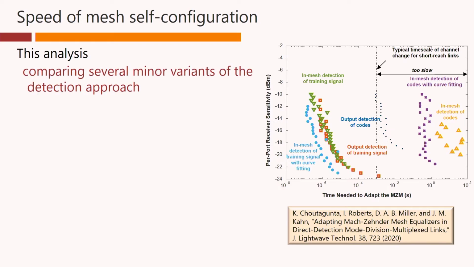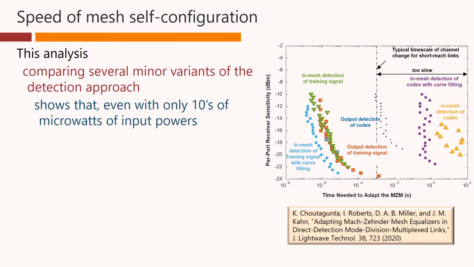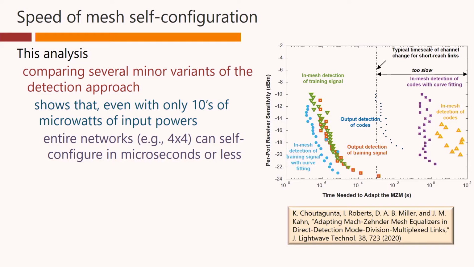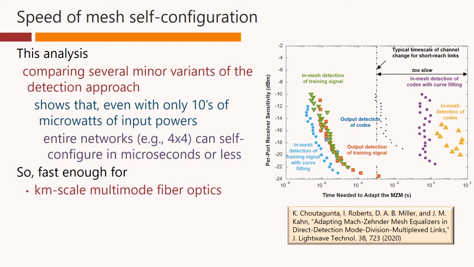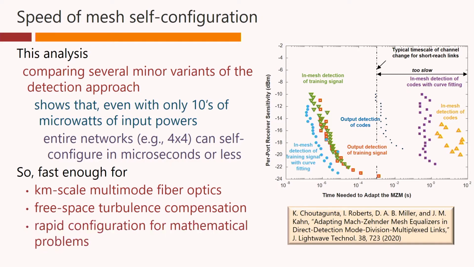So this analysis, which compares several minor variants of the detection approach, shows that even with only tens of microwatts of input powers, entire networks, for example, the 4x4 networks I've used as an example before, can self-configure in microseconds or less. So this is fast enough for correcting mode mixing in kilometre-length multimode fibre optics, it's fast enough for correcting free space turbulence, and it's fast enough for rapid configuration for many mathematical problems.